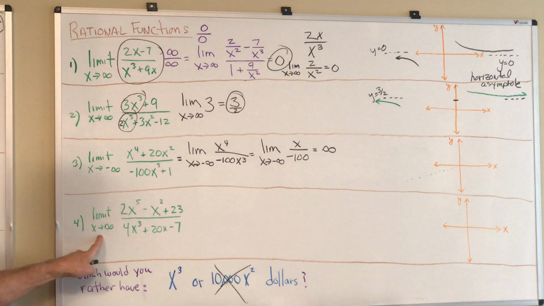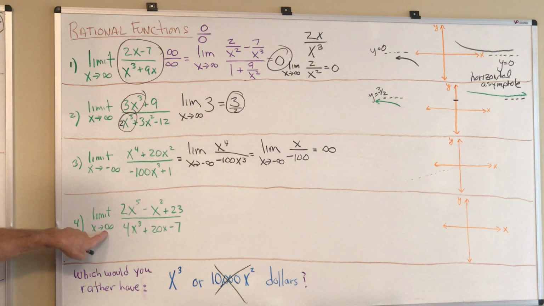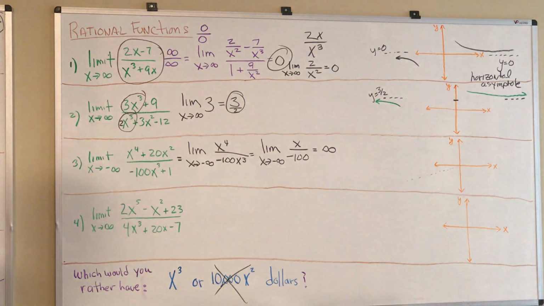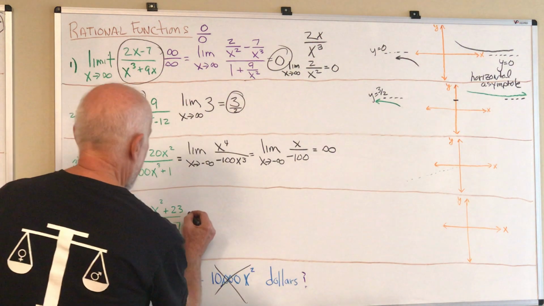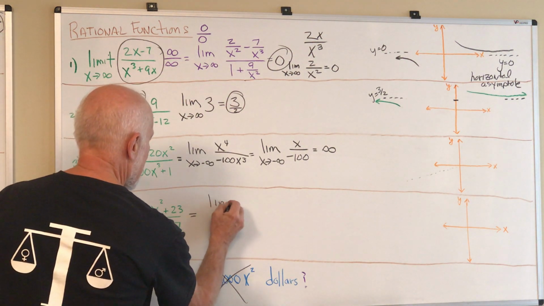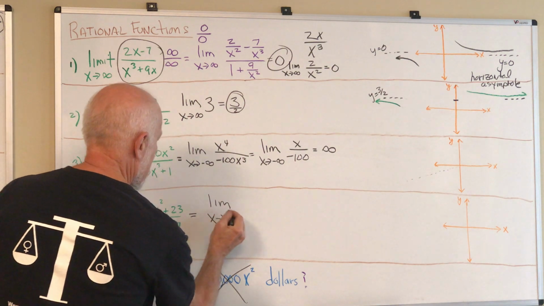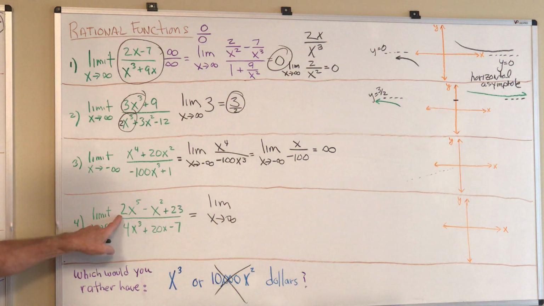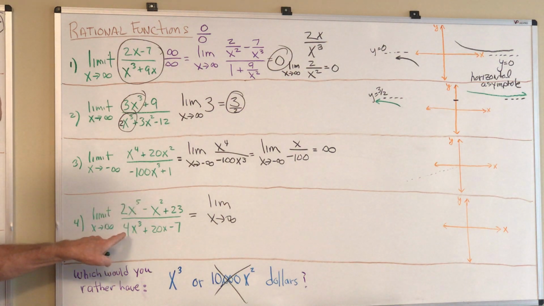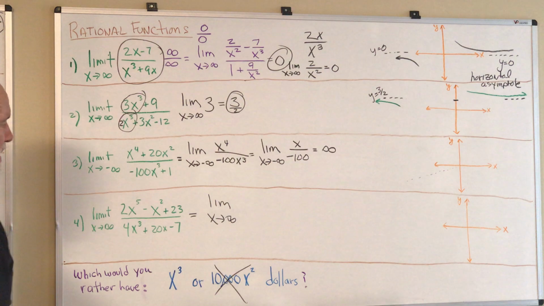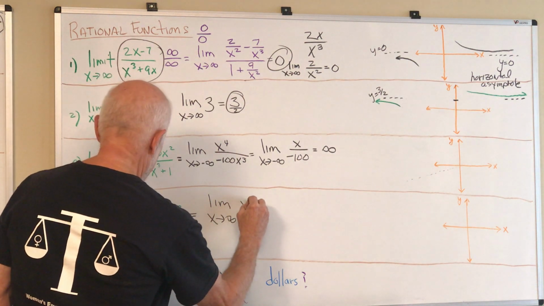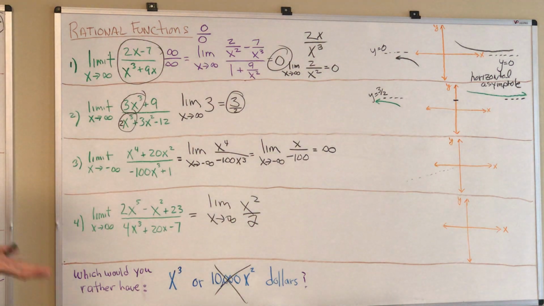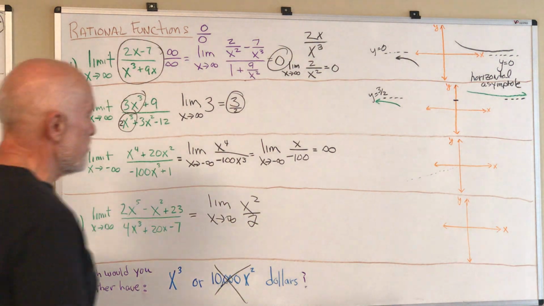Now, in this case, where x is approaching infinity, again we have a higher power of x in the numerator than we do in the denominator. So I can do the end behavior model, and I can ignore all this lower power stuff, and what do I have? 2x to the 5th over 4x cubed, which is basically just x squared over 2. That's our end behavior model, 1/2 x squared.